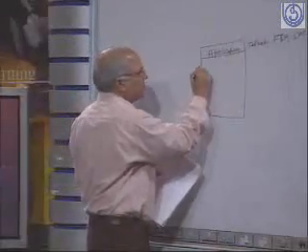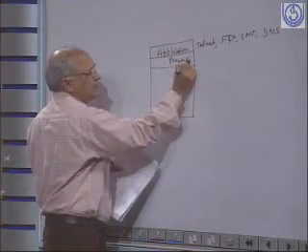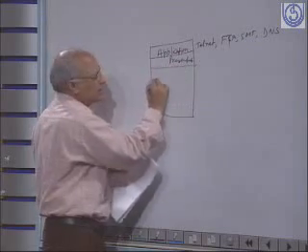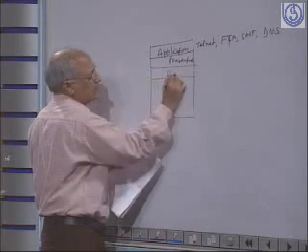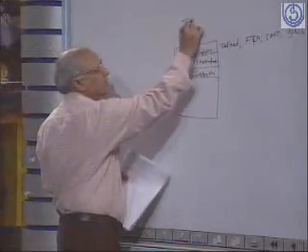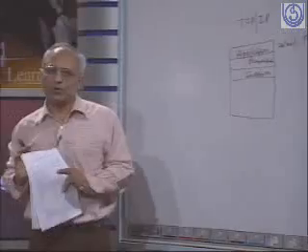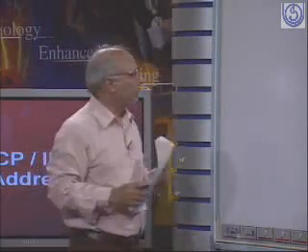Then in the OSI model, we have a presentation layer and a session layer. But right now we are talking about the TCP/IP model. I told you in the beginning that TCP/IP is a standard protocol for the internet. It defines the backbone of the internet.